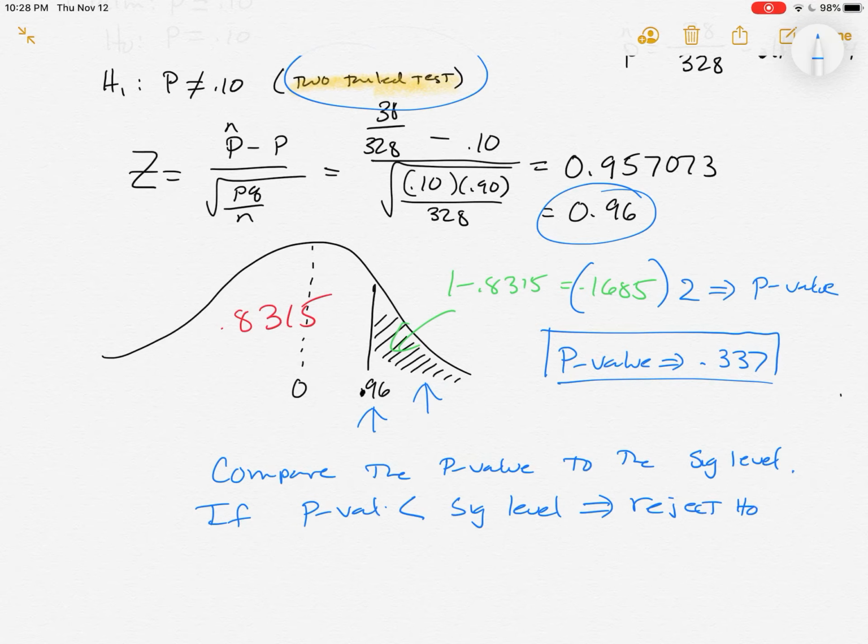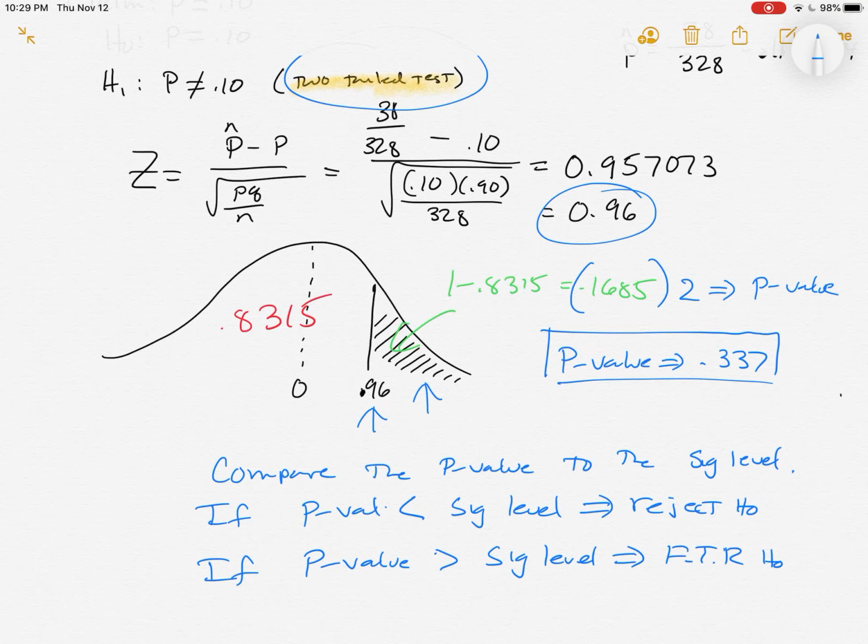That means you have strong data, because the probability that you're in that area is lower than the significance level. If the p-value is greater than the significance level, then you fail to reject.